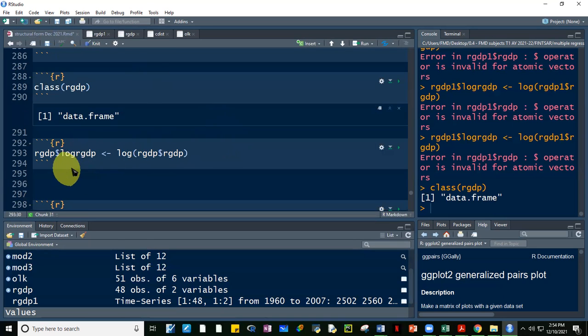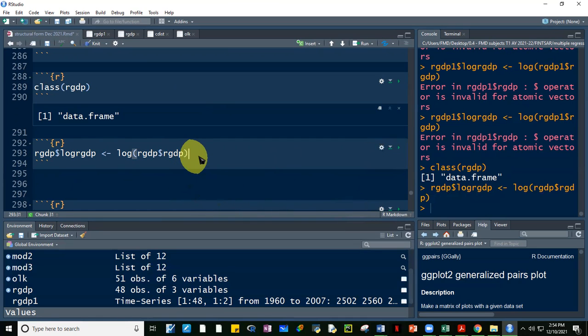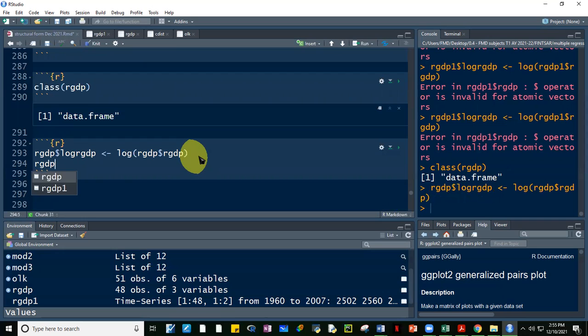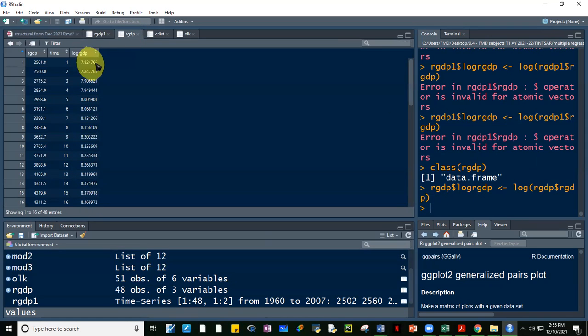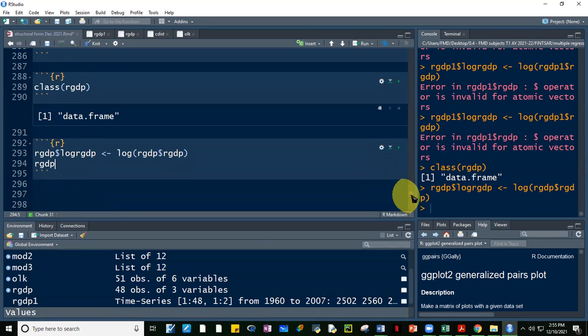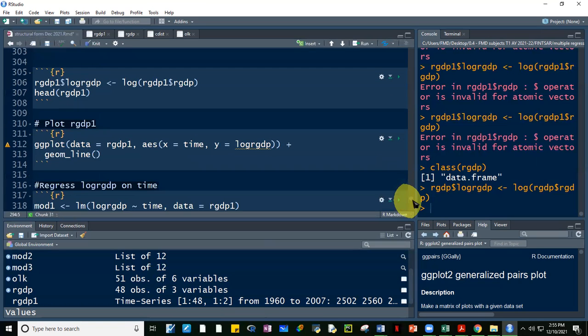I'm creating a variable log RGDP, and it's the log of the column RGDP from the object RGDP. Let me now see RGDP. There, there's a log RGDP here. We took the log of RGDP, so I created another variable, log RGDP. Then this is our time, and we still have RGDP here. You can see, guys, that the values of RGDP became smaller, because it's logged, it's scaled. So we will use RGDP, guys, and not RGDP1. Okay, I'll leave that for now.